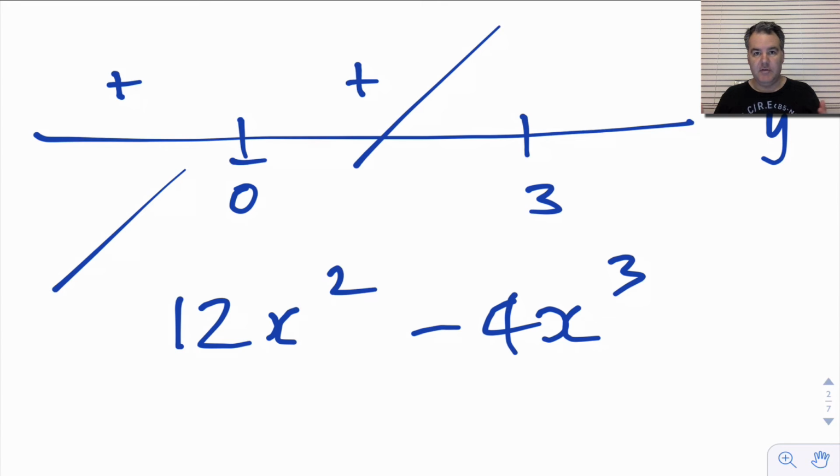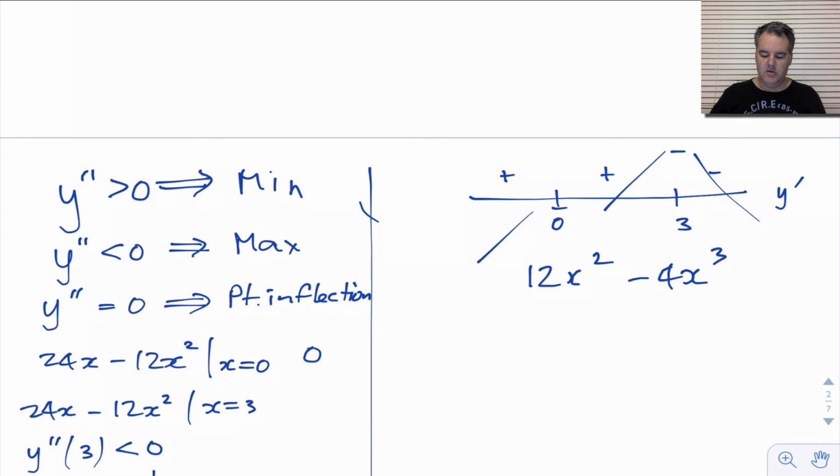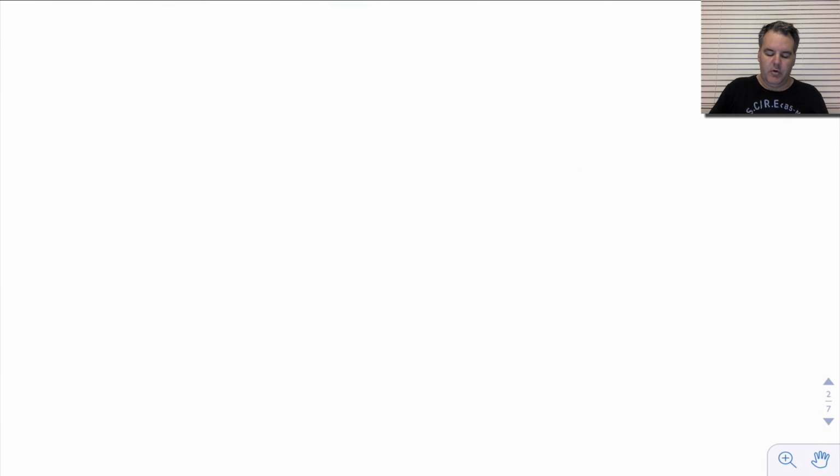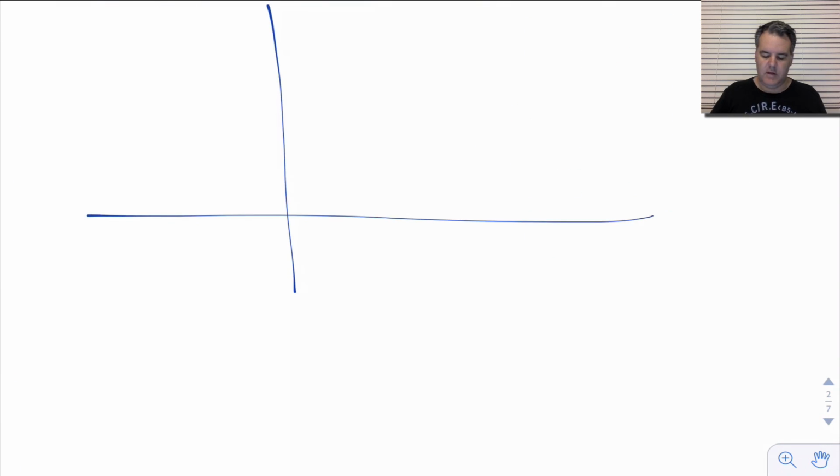So we know that when x is equal to 3, it's going to be equal to 0. So what's happening at 4? 12 times 4 squared minus 4 times 4 cubed, negative 64. So it's sloping down. Okay, so this clearly shows the shape of the graph, and it helps us to sketch it. So I'm going to put it all together now and see what's going on.